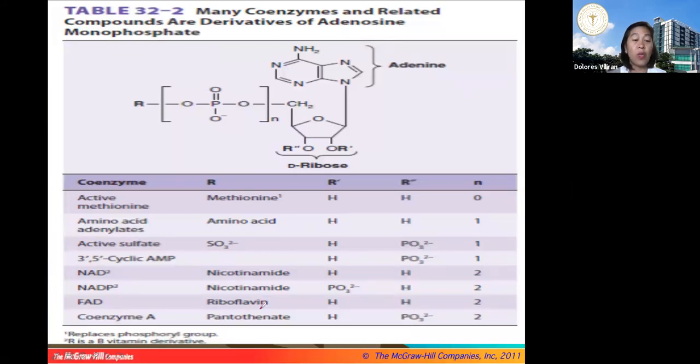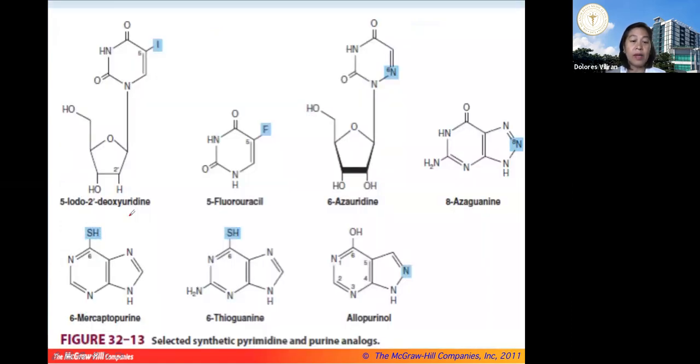This is the reason why you need to take your vitamins either from supplements or from fruits, because these vitamins are involved in energy generation, which you have already discussed under energy metabolism. Again, the second messenger cyclic AMP, SAM, S-adenosyl methionine. And then there are selected synthetic pyrimidine and purine analogs.